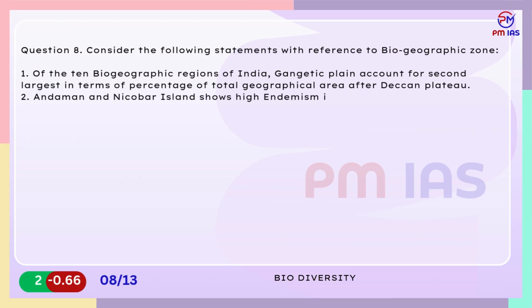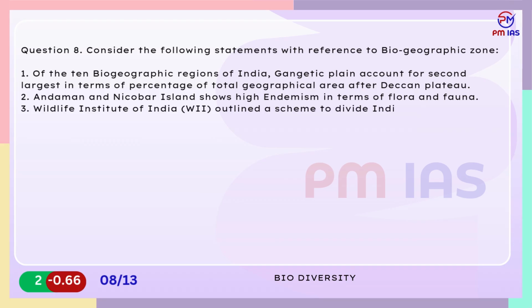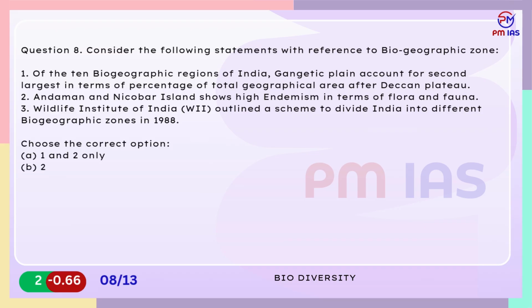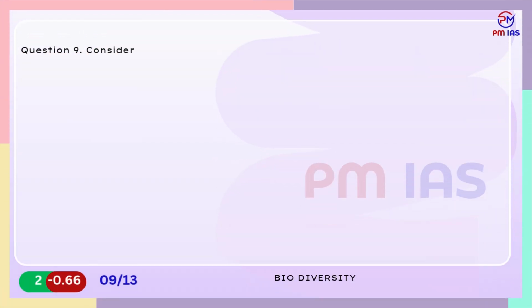The Wildlife Institute of India, WII, outlined a scheme to divide India into different biogeographic zones in 1988. Choose the correct option. A. 1 and 2 only. B. 2 and 3 only. C. 1 and 3 only. D. 1, 2 and 3.